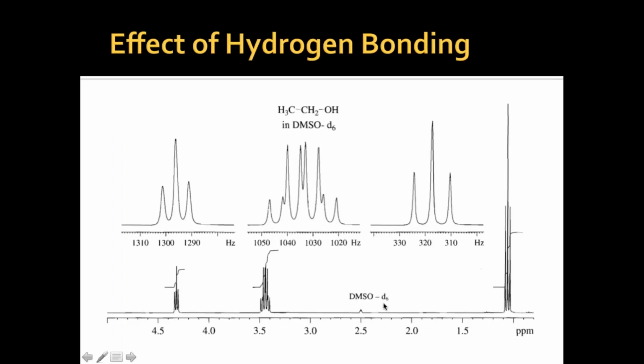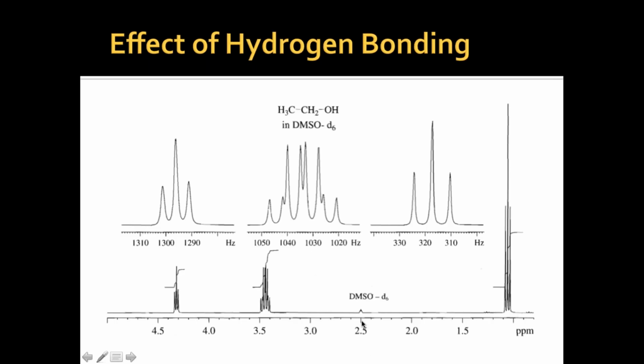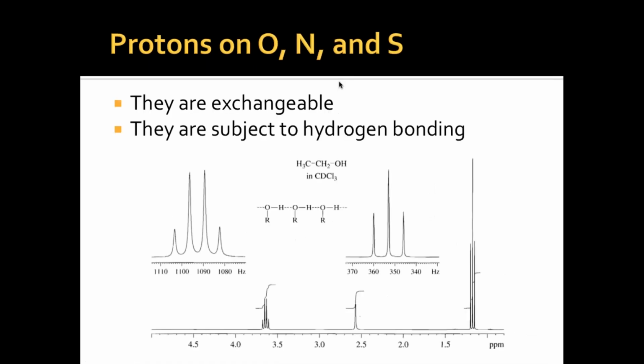Let's see the example of the DMSO molecule: CH3CH2OH, ethanol in DMSO. Now the hydrogen is not in intramolecular hydrogen bonding.